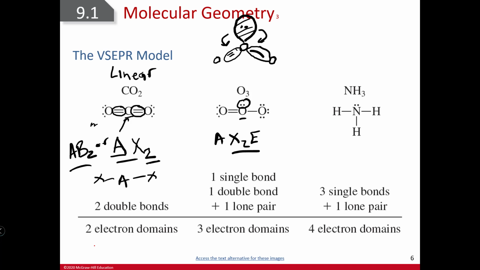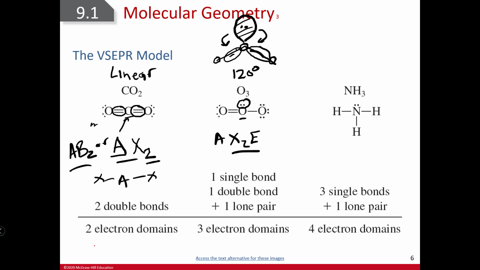Now, if there wasn't this additional force, I would expect you to be able to tell me what the angle is between this oxygen and this oxygen. If there was no force from the non-bonding pair, you would say the angle is 120 degrees.